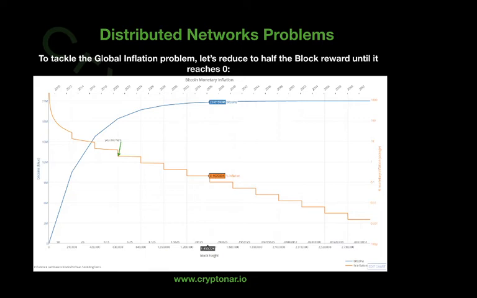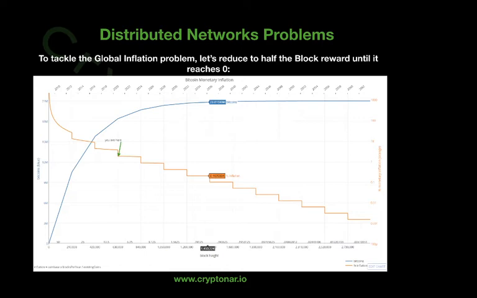So what does it mean, how can it achieve this? Well, in the orange line, what you can see is this kind of stairs, and these stairs are exactly the halvings that are coming. You can also see a green arrow where you are, we are in 2020.